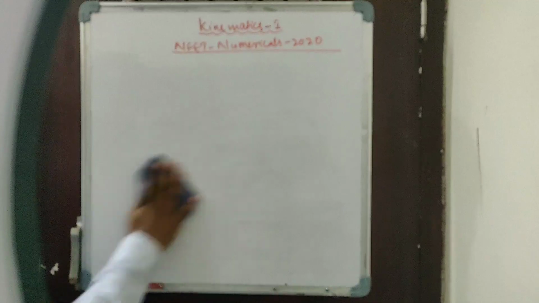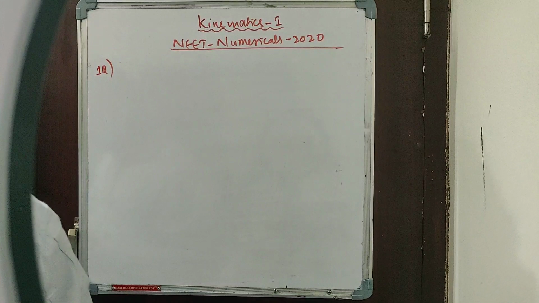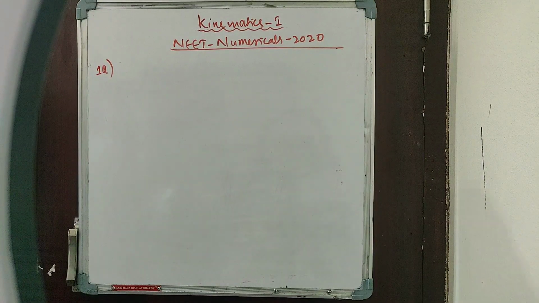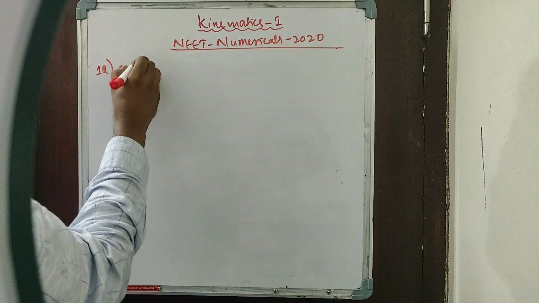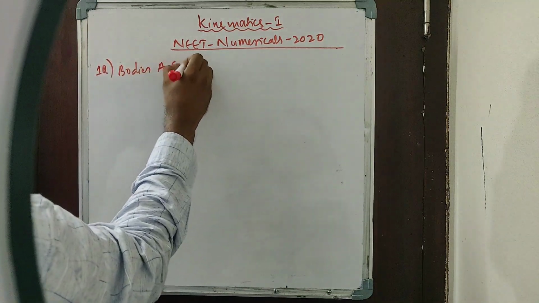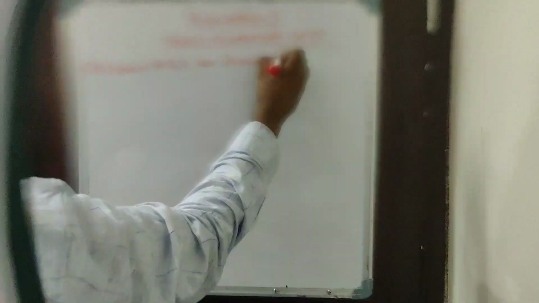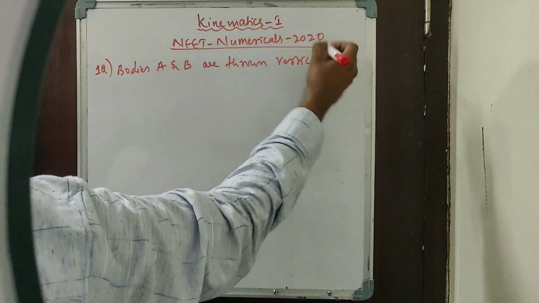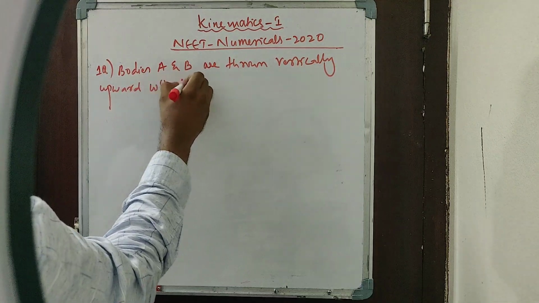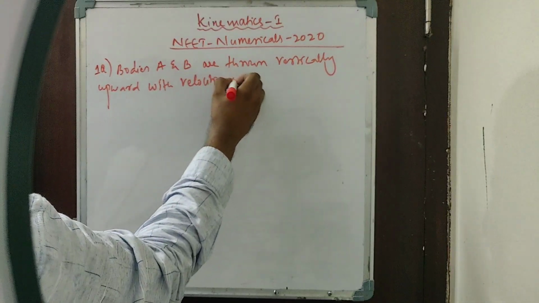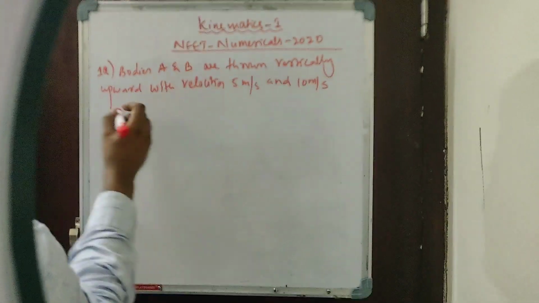The first numerical is something like this. Question number 1: bodies A and B are thrown vertically upward with velocities 5 meter per second and 10 meter per second respectively.